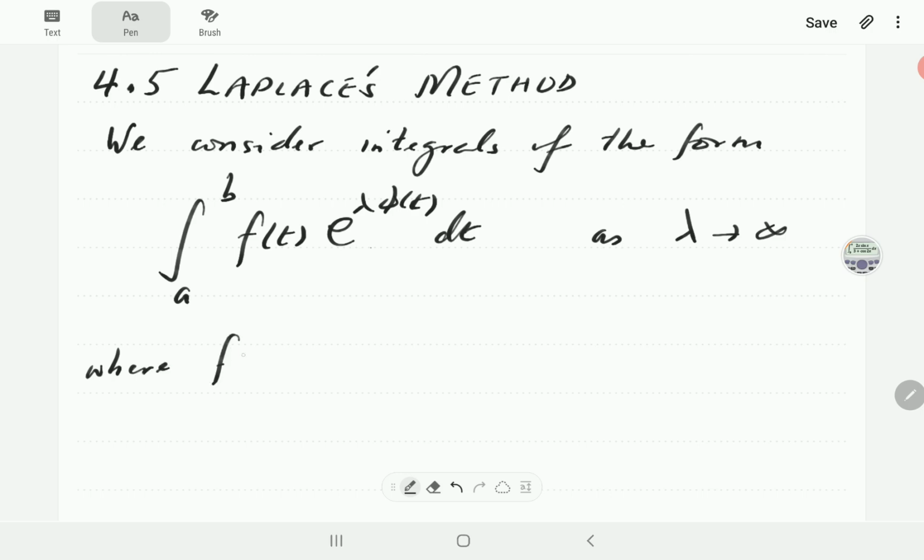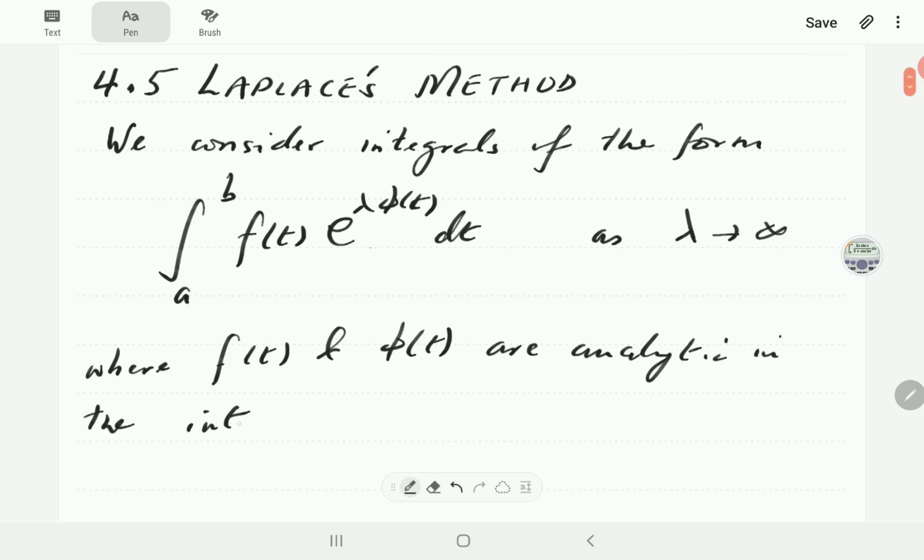Here the two functions f of t and phi of t are assumed to be analytic in the interval a to b. So those two functions are analytic in this interval here.